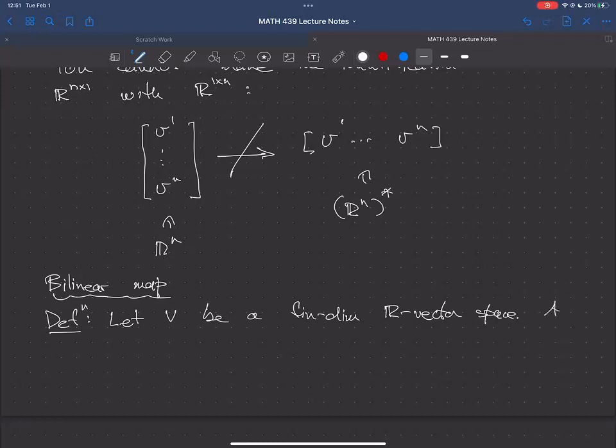A mapping B takes a pair of vectors from V and gives you a number.